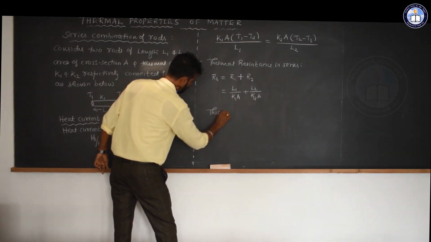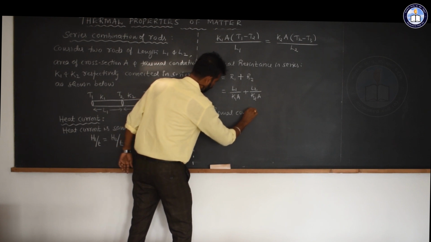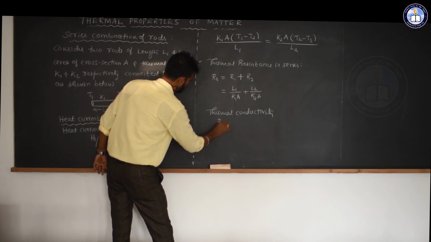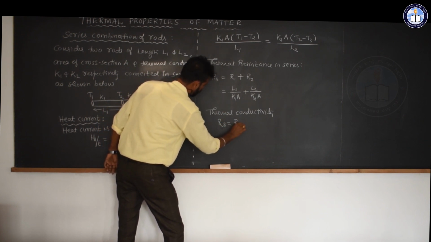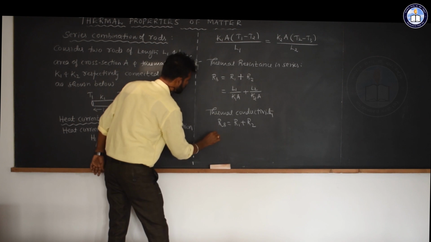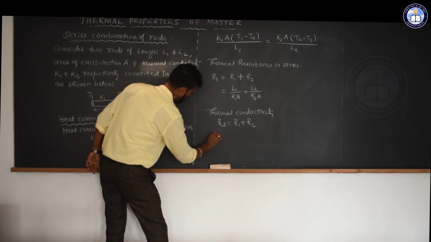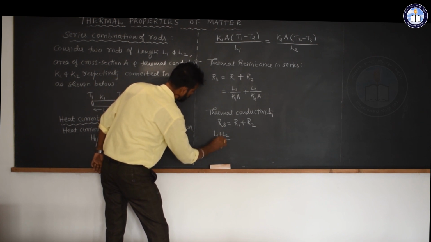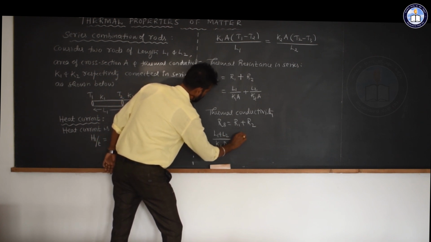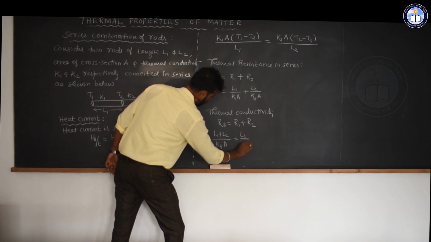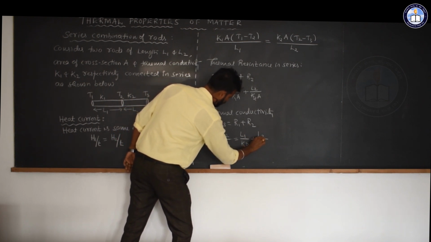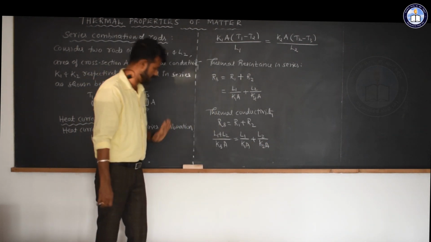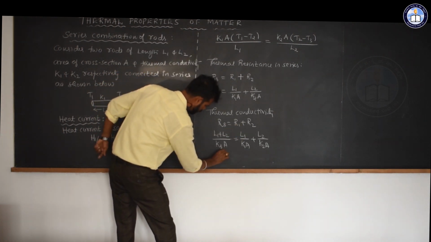Then thermal conductivity. We can use the same formula. Rs is equal to R1 plus R2, where Rs is (L1 plus L2) by Ks into area A, equal to L1 by K1A plus L2 by K2A. Where we can define Ks, the thermal conductivity.